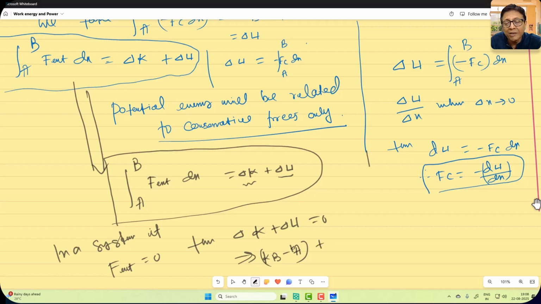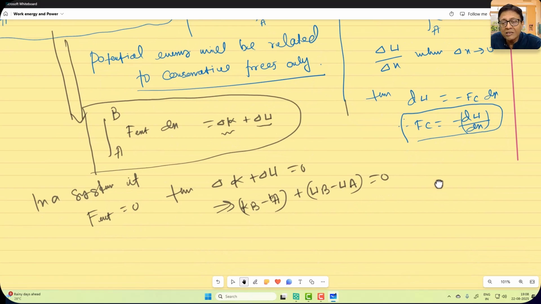And del U is what? Ub minus Ua. So what does this imply? Therefore, Kb plus Ub equals Ka plus Ua.